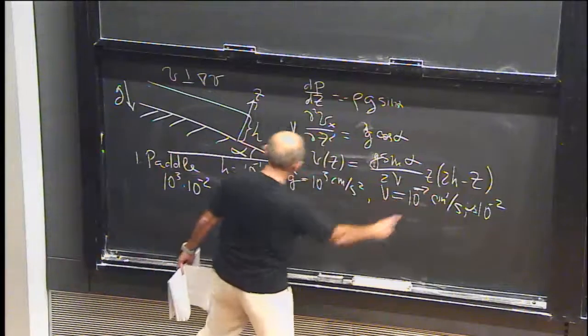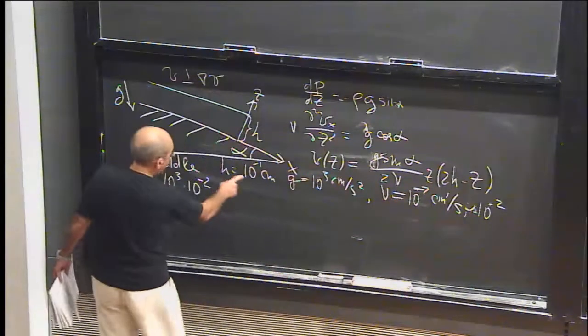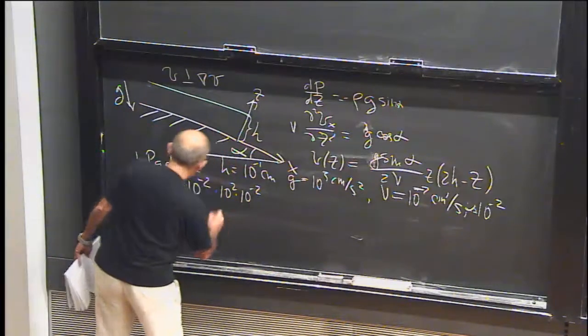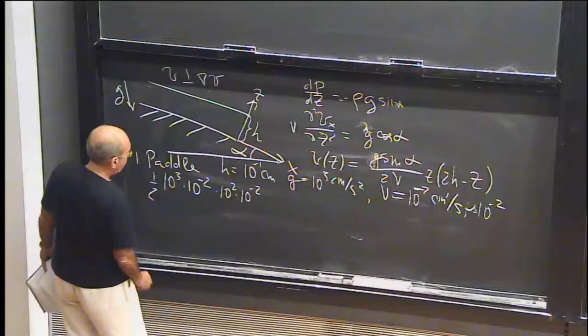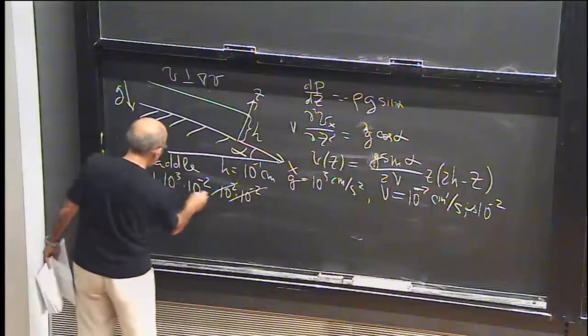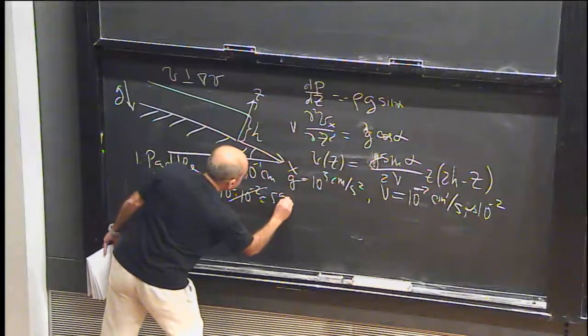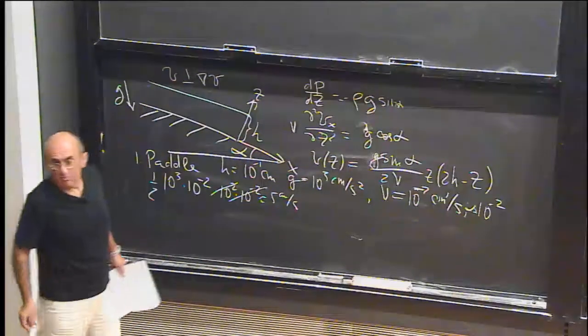This is z squared and h squared, and this is 10 to the minus 2, and let's say 1/2. Okay, so it's like 5 centimeters per second. It's pretty reasonable. It makes sense, right?